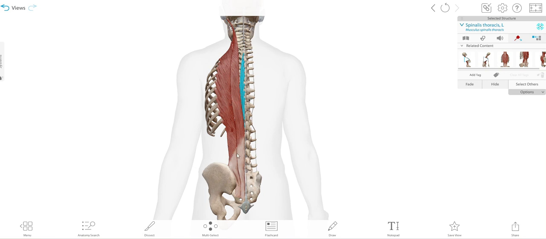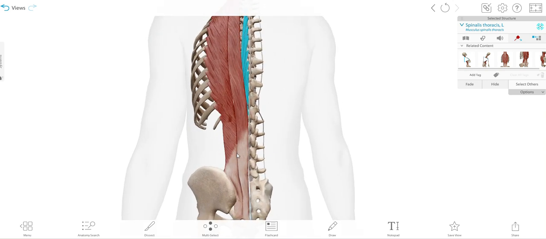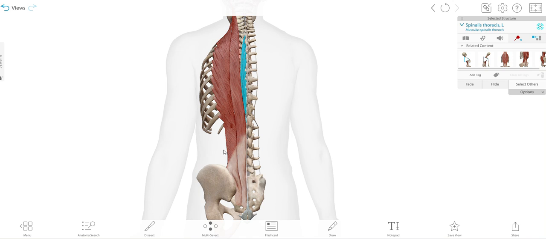So to start with origin, we can see all three muscles coming together, and they are starting from this tendinous fascia here that will be originating onto the posterior iliac crest and the sacrum here.